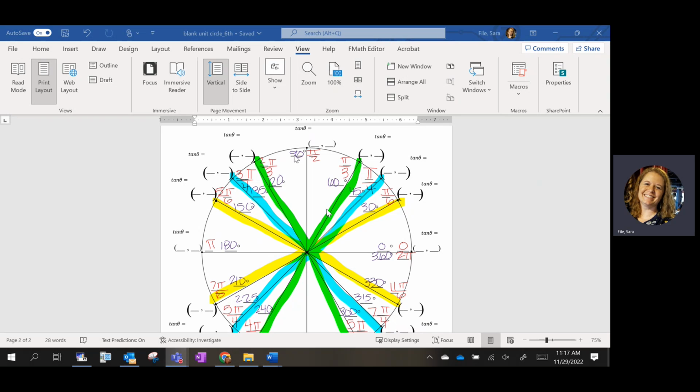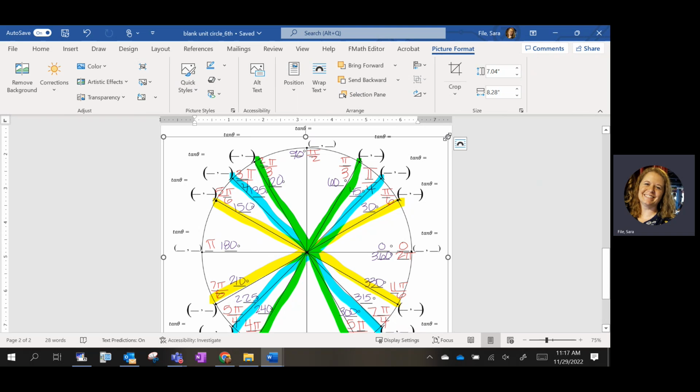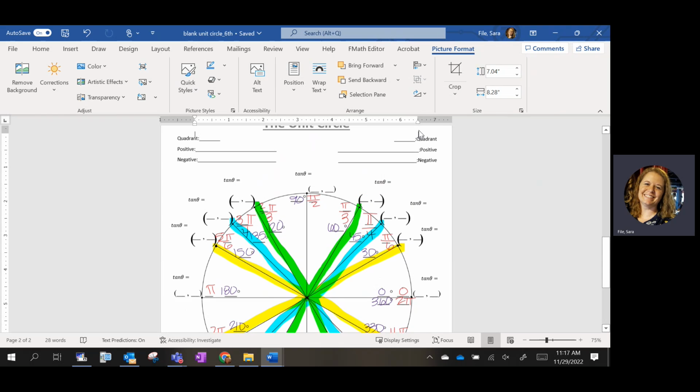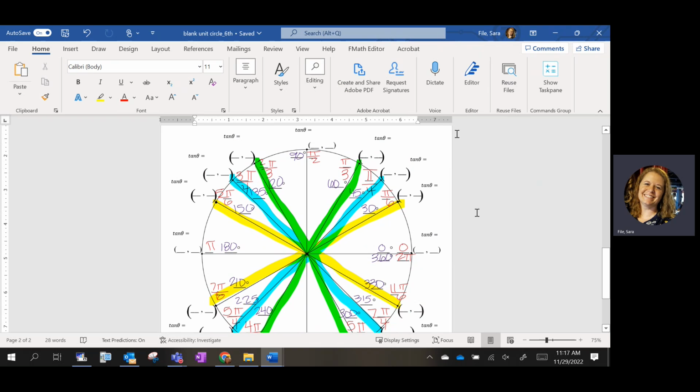All right, so then the next step, what you did in the notes yesterday was review special right triangles, the 30, 60, 90 triangle and the 45, 45, 90 triangle, to get the values for these coordinates, these ordered pairs around the unit circle.